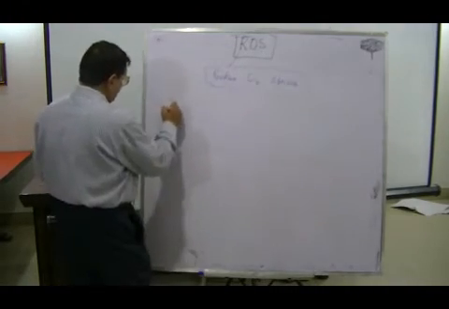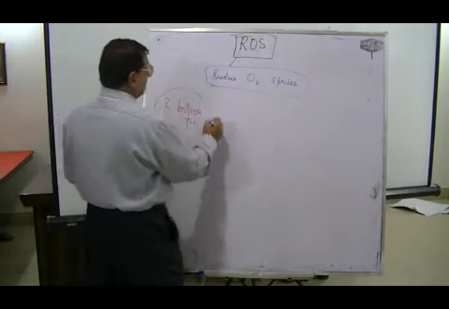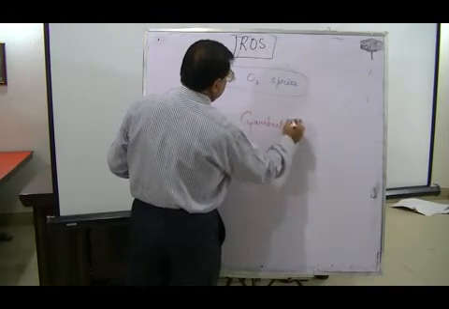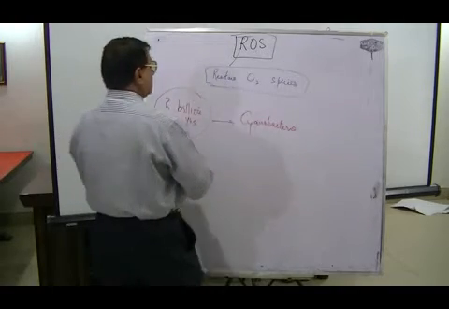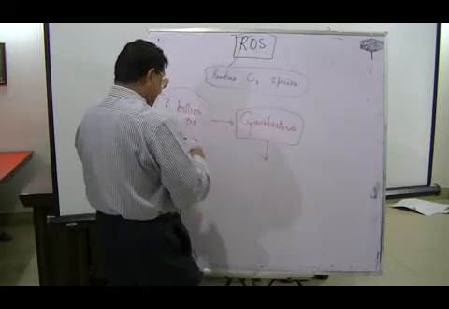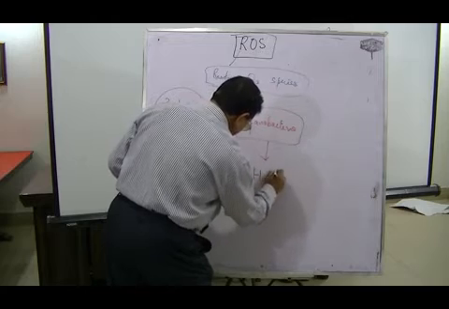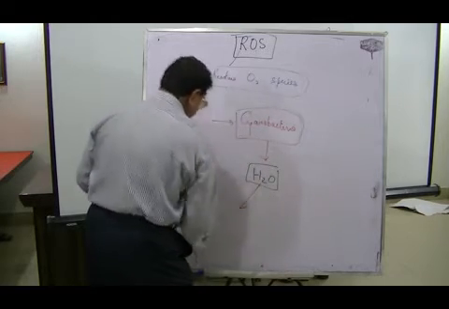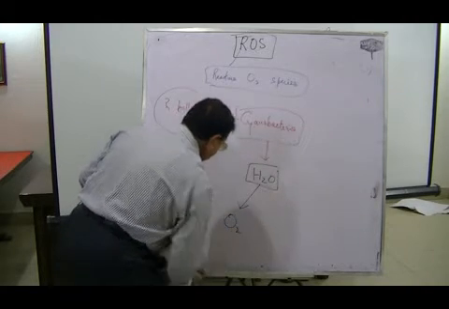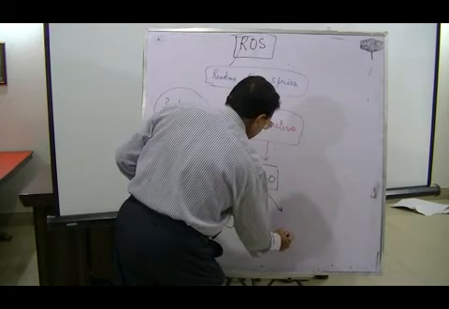Then, because of the advent of a bacteria called cyanobacteria, which emerged through evolution, this acted upon water and split it into oxygen and hydrogen.